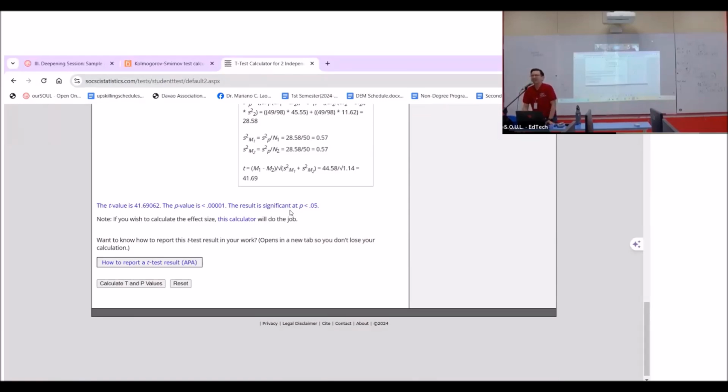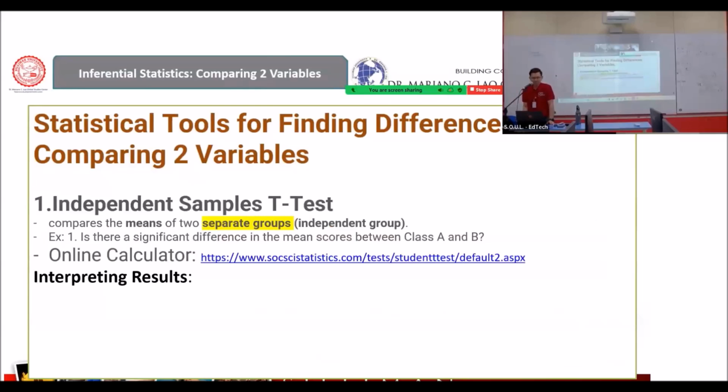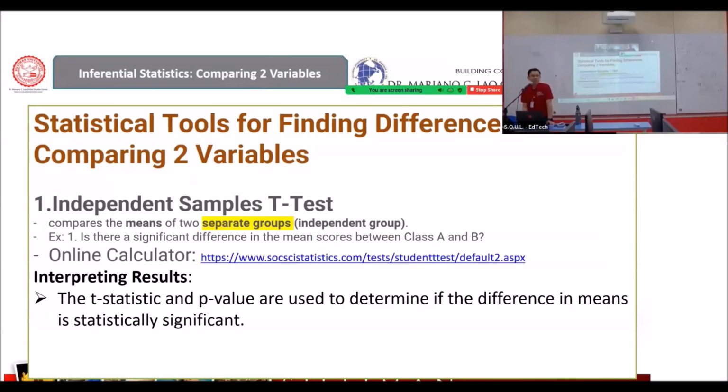You should say there is a significant difference between class A and class B because the data shows that P is less than 0.05. Specifically, the P value is 0.00001.